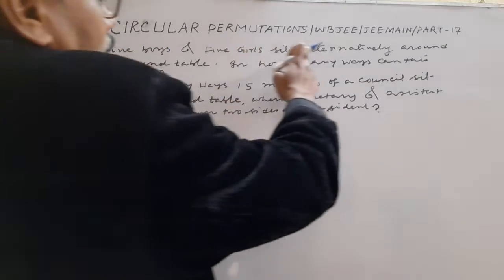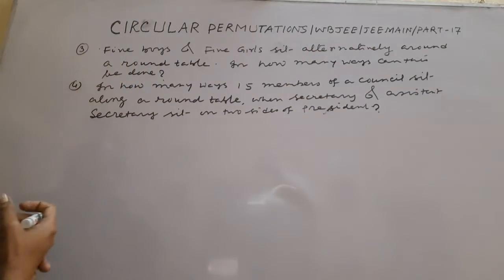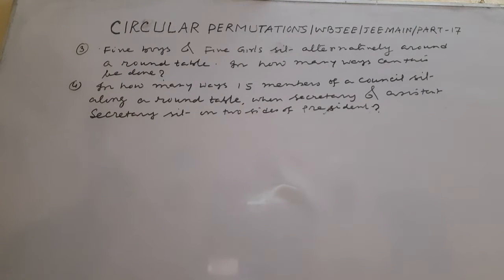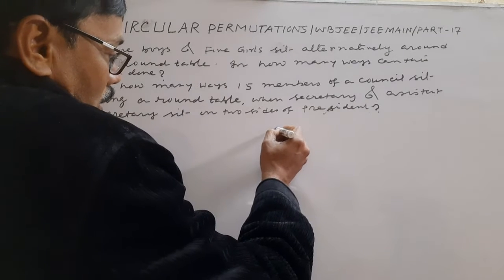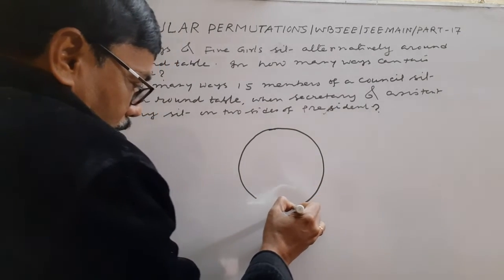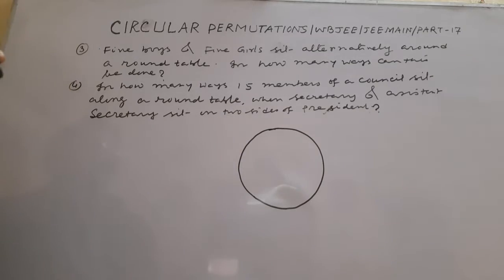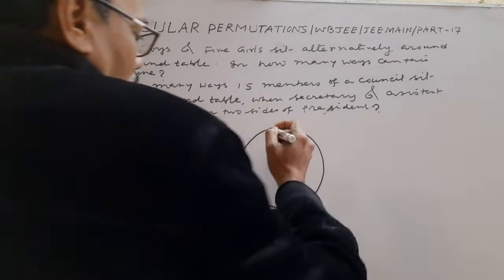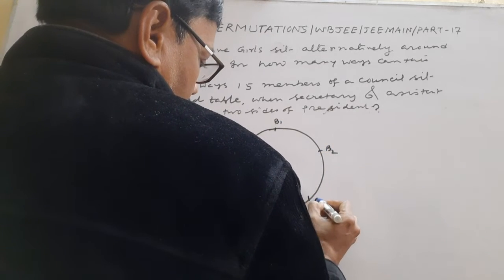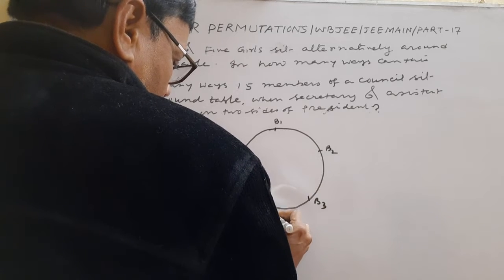5 boys and 5 girls sit alternatively around a round table, in how many ways can this be done? So, alternatively. I have already solved this type of problem in linear permutation. 5 boys, B1, B2, B3, B4, B5.